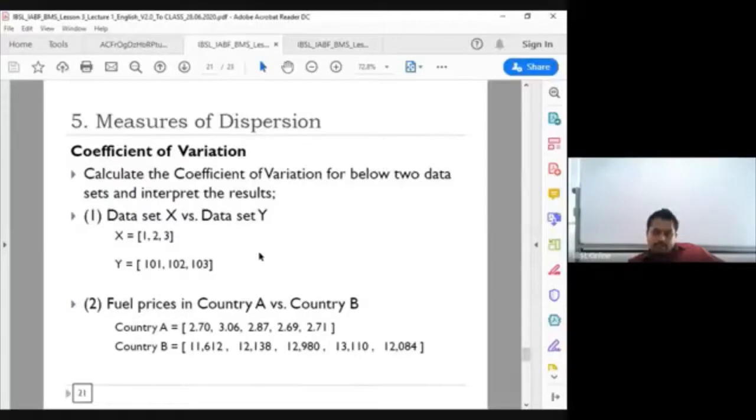So when you compute the coefficient of variation for data set X, you should get the value of 0.5. It says it's a more variation scenario compared to the coefficient of variation of Y. It should give you a value of 1 over 102, which should be equal to 0.0098, which implies less variation.